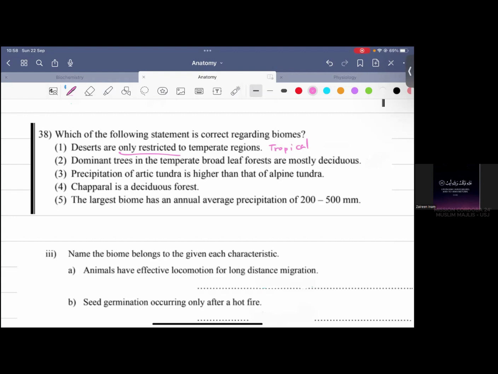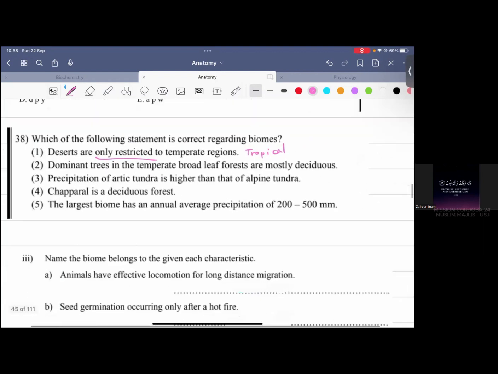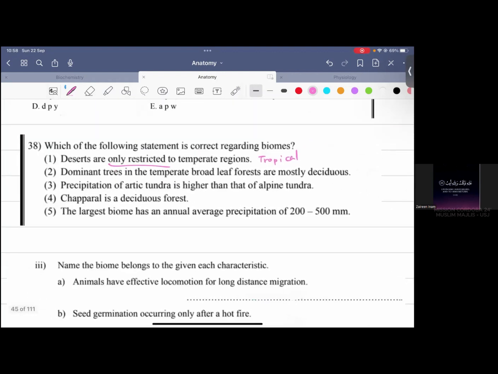Next, dominant trees in the temperate broadleaf forest are mostly deciduous. Is it correct? Yes, that is true, right? Precipitation of Arctic tundra is higher than that of alpine tundra. No, why? Because alpine tundra is in the high altitudes of the mountains, so that is false.